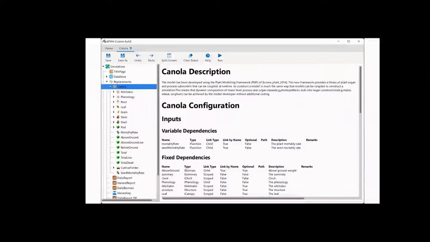There's also a composite plant organ called pod, which aggregates the grain and the shell components, so that you can compare that against observations of pods, which is also important for canola. And there are various other composite organs that allow you to provide outputs for above ground biomass or live biomass or below ground biomass, okay?